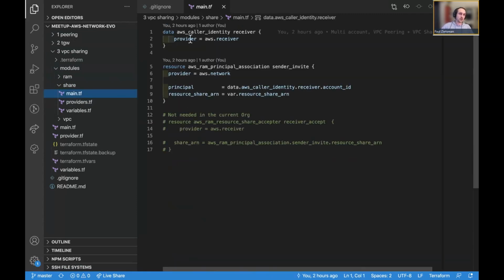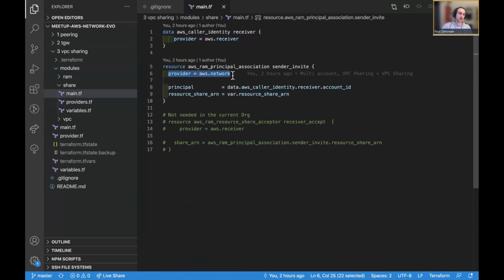What this allows me to do is now in here to say, go do a lookup, because I need an account ID to do a share, go look up using the receiver. Go get me the receiver's ID. And then I want to associate that ID, which is over here, with this resource share.